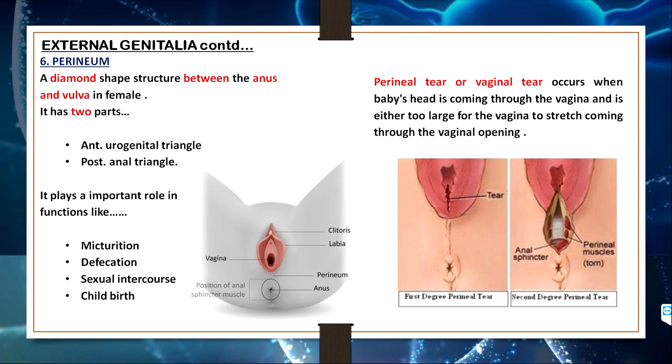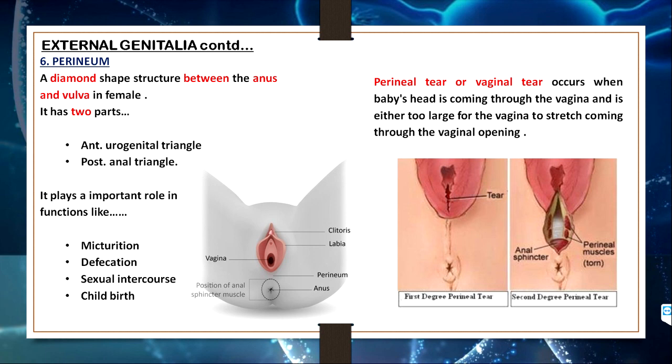It has 2 parts, the anterior urogenital triangle and the posterior anal triangle. And the perineum has a very important role in functions like micturition, defecation, sexual intercourse and childbirth.